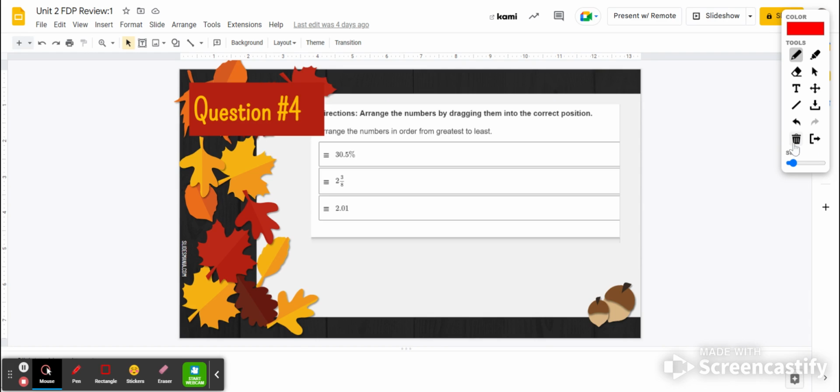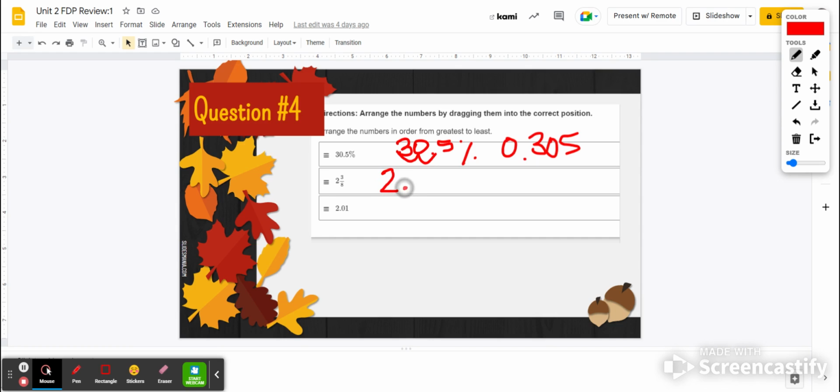Moving on to question number 4. Arrange these by dragging them in the correct position. So remember, I told you guys decimal was always the easiest way to go. So if I look at 30.5%, and I need to move percent to decimal, I move that 2 spaces to the left. I now have 0 and 305 thousandths. 2 and 3/8. So I have 2 and then 3/8.